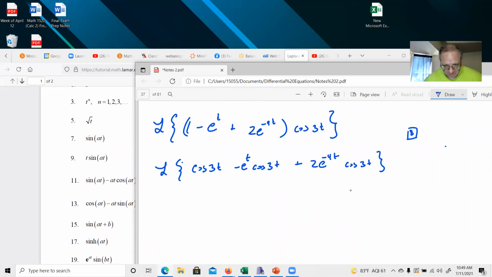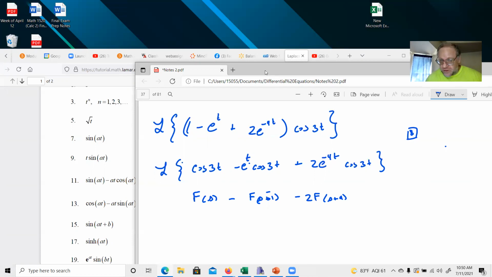I'm going to say this is going to be F of s minus F of s minus 1 minus 2F of s plus 4, right, because it's minus minus. Let's just go ahead and do it that way.